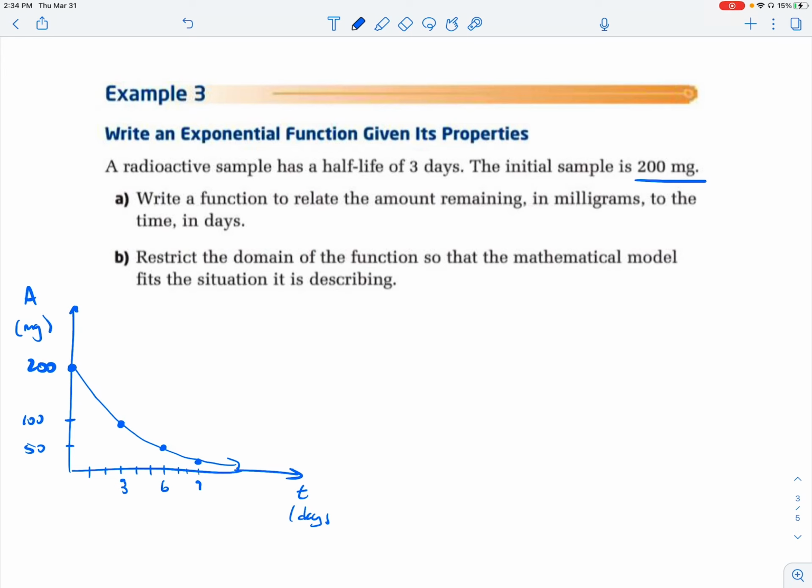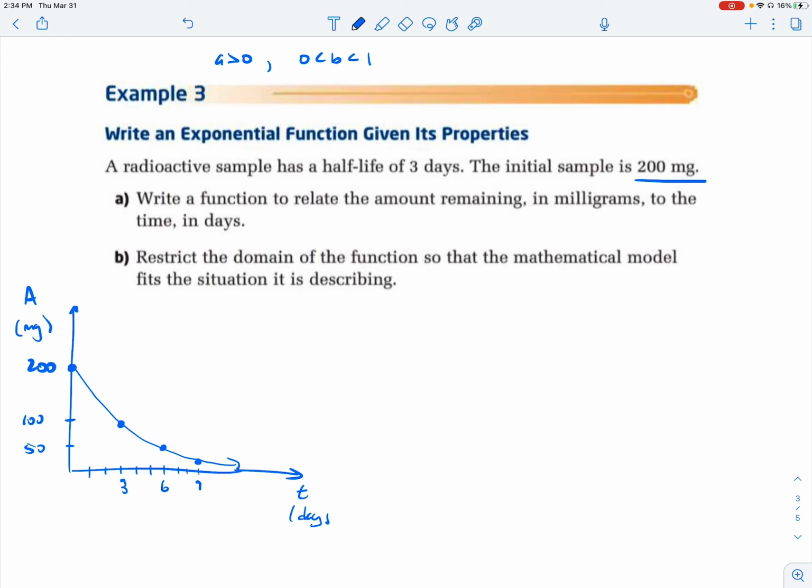So now we want to write an equation for this. If you notice, this is the scenario when A is positive and B is between 0 and 1. That's basically the scenario that we have for the graph, showing a positive decreasing graph.